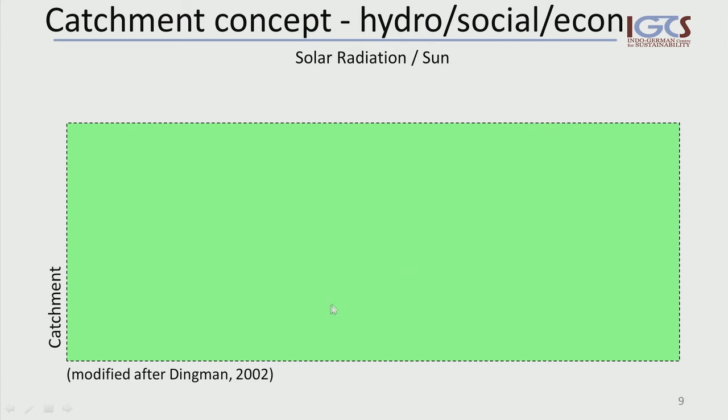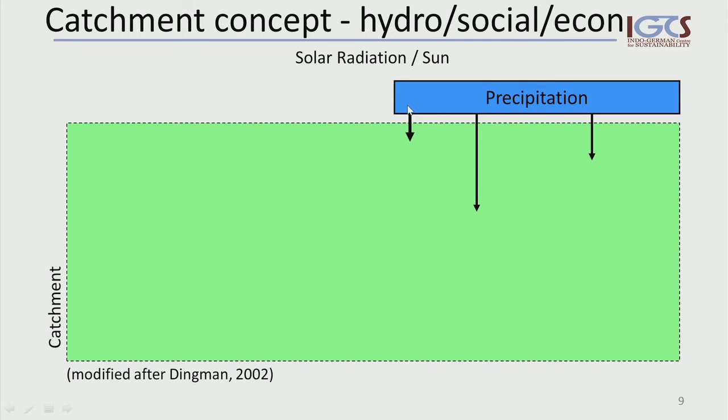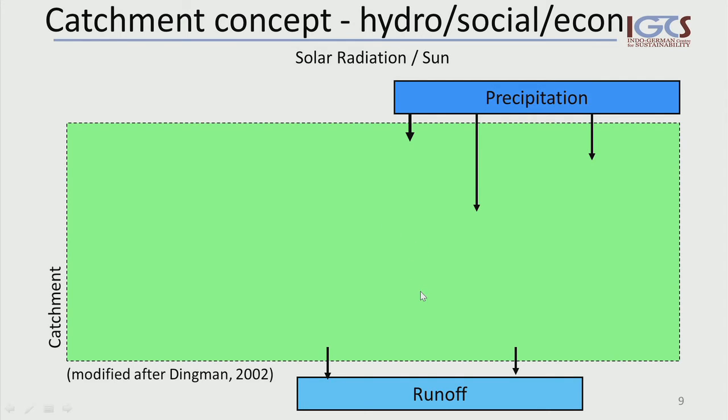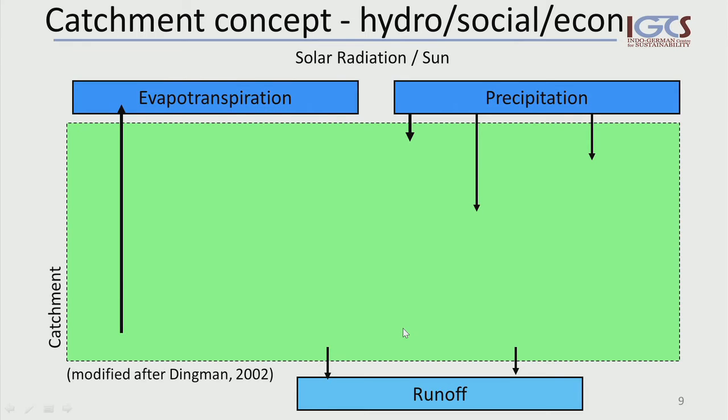It corresponds to a catchment, and we have as an outside energy source the sun. Then we have as one input component our precipitation. We have as an outgoing component our runoff from our catchment, which could be runoff into the ocean. And we have as a second output component evaporation or evapotranspiration taking place from our system.